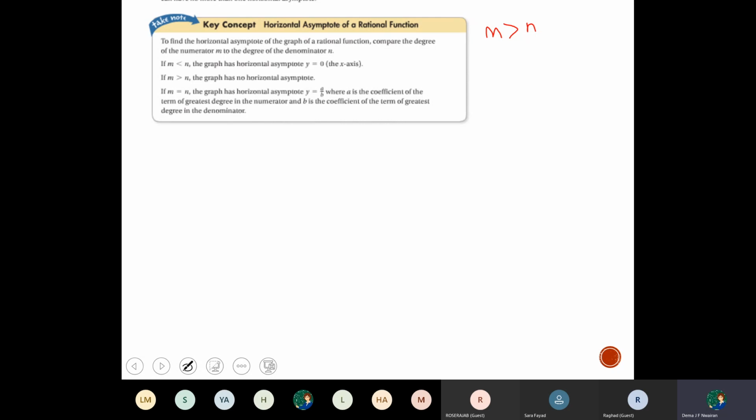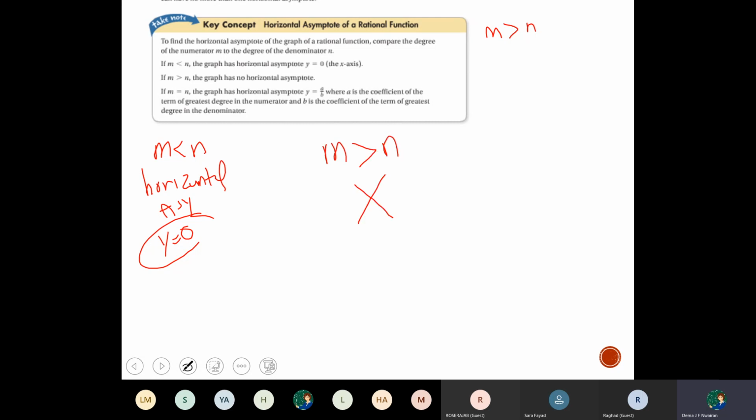Now, if m is less than n, the graph's horizontal asymptote will be at y equals 0, or the x-axis. So if m is less than n, it will be at y equals 0. If m is greater than n, I will say that there are no horizontal asymptotes.